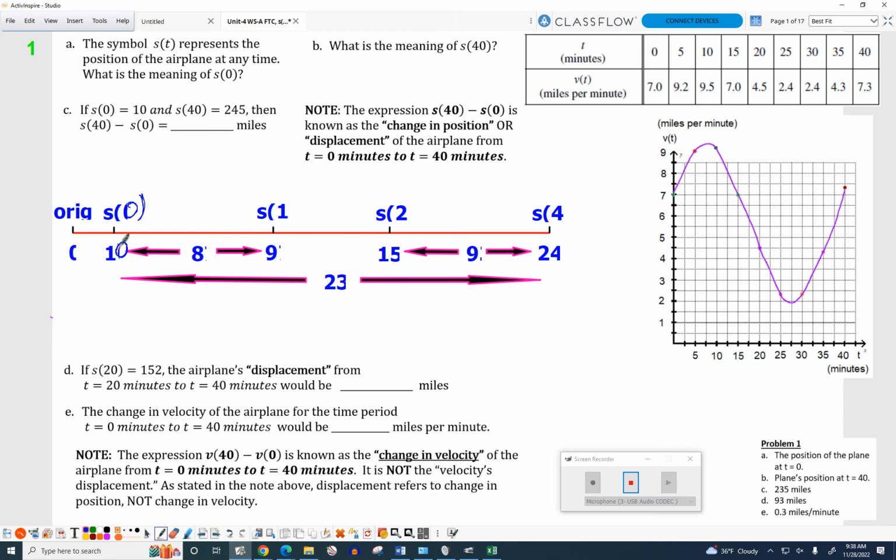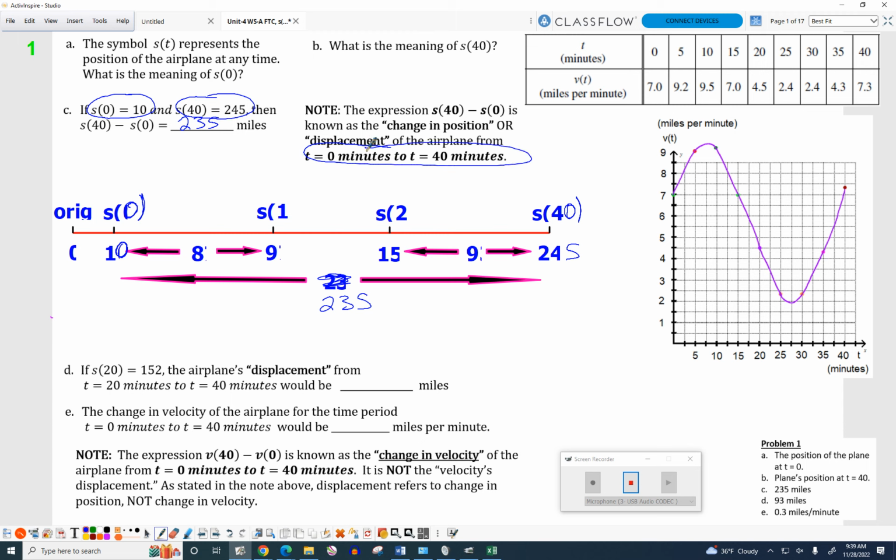If you subtract those two positions, you get 235. 235 is the displacement of the plane for the time period 0 to 40 minutes. So you do need to memorize that word. Displacement. Questions?